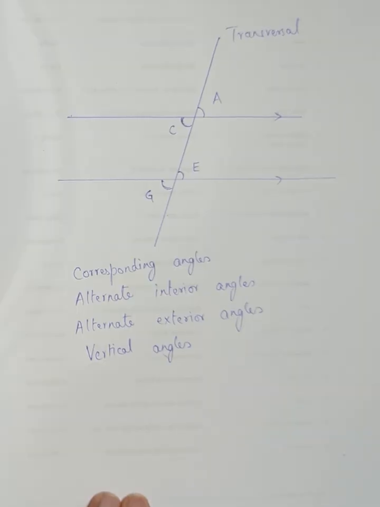Now, this idea of two parallel lines cut by a transversal giving rise to so many angles with nice properties will lead us to some powerful results in geometry. So let's go ahead and talk about a triangle. So what is a triangle?